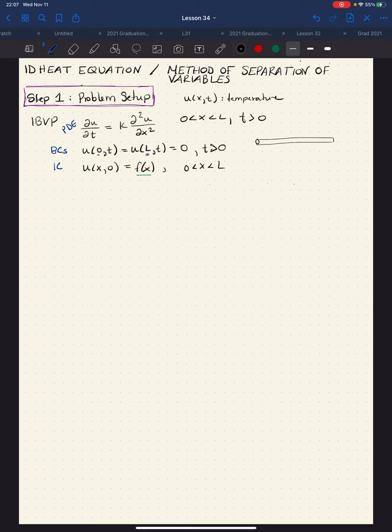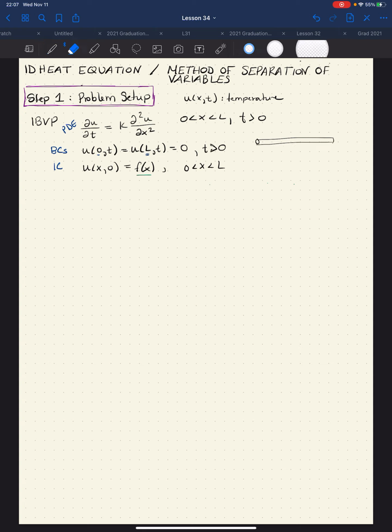Imagine we have this long, thin rod, and according to the boundary conditions, we're holding the ends, at x equals 0 and at x equals L, at a temperature of 0. If our initial condition was just 0, then literally nothing would happen, and this would be a very boring problem. So your initial condition needs to be something other than 0, or nothing is actually going to happen.